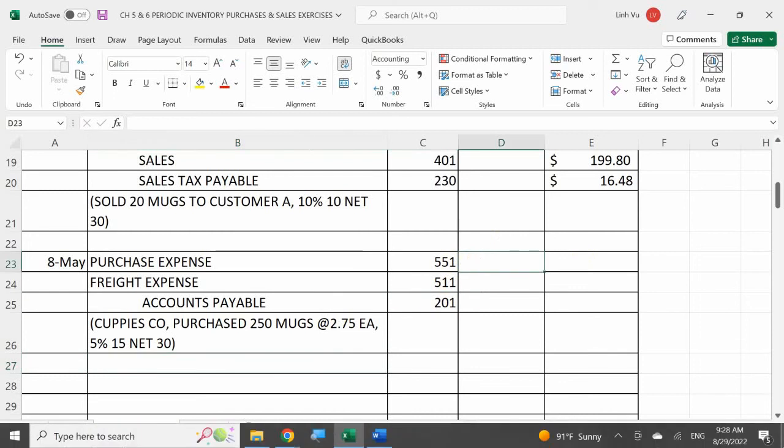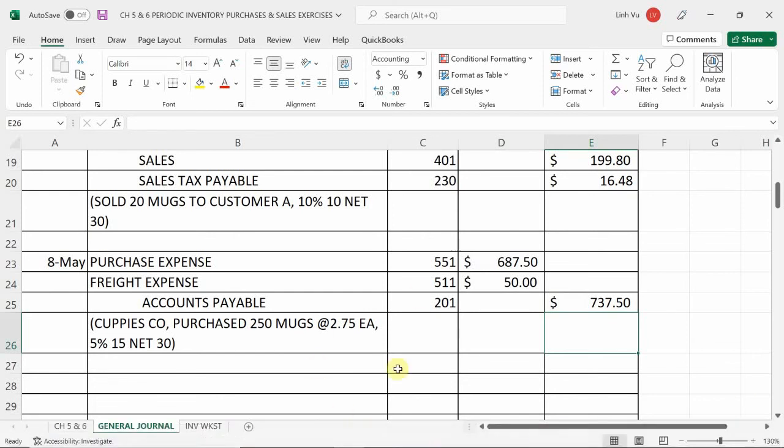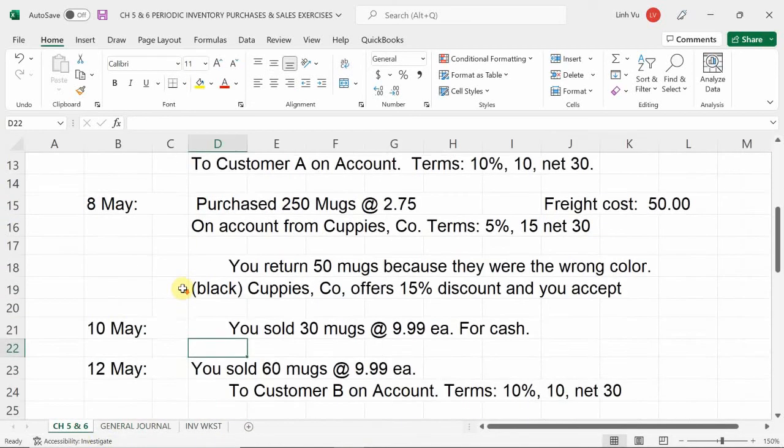So that gave us $687.50. We got $50 worth of freight, so therefore we owe $737.50. We already plugged this into our inventory worksheet, so let's see what happened next.